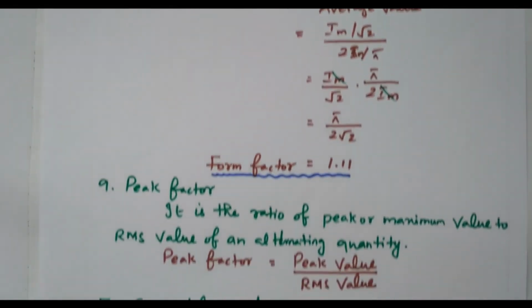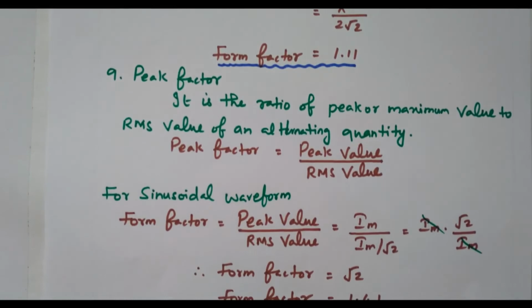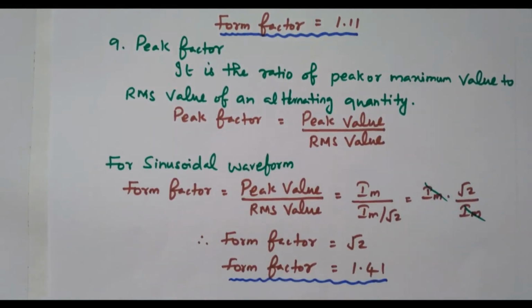Then we'll go to the peak factor. One more factor is available. It's called the peak factor. It is the ratio of peak or maximum value to the RMS value of an alternating quantity. For a sine wave, the peak value is Im. The RMS value we already calculated, Im by root 2.